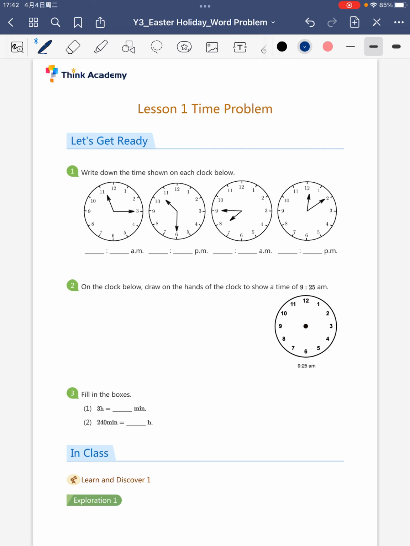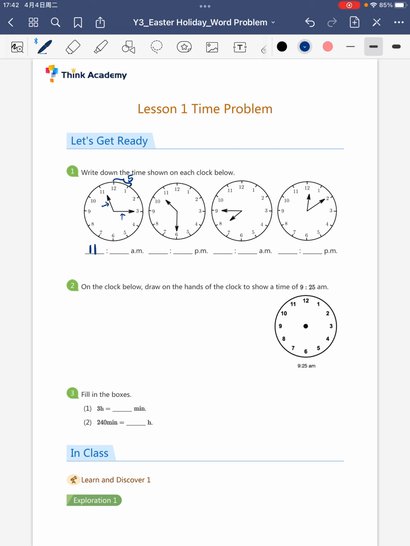So there are 2 hands, and this is the shorter hand. We call it the hour hand. So the hour hand points between 11 and 12. So for the hour, it should be 11. And for the minute hand, the longer one, it points to 3. We know from 12 to 1, it can represent 5 minutes.